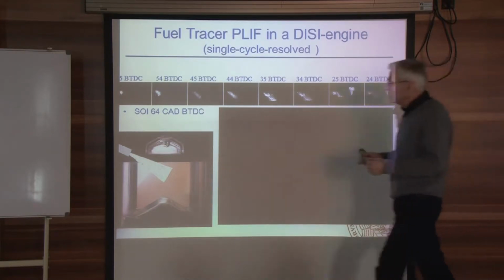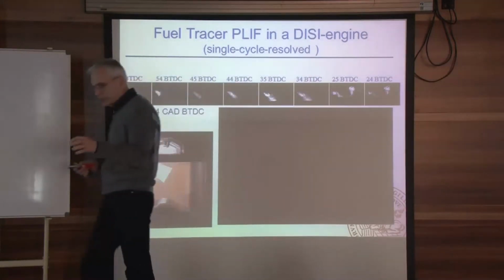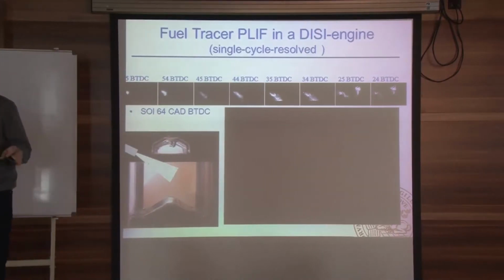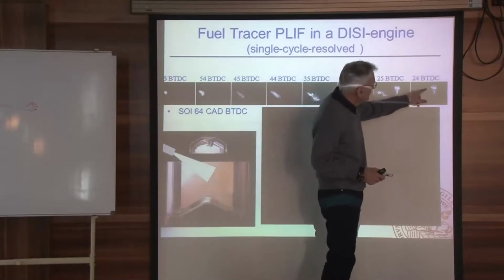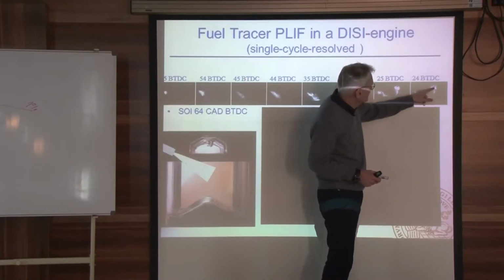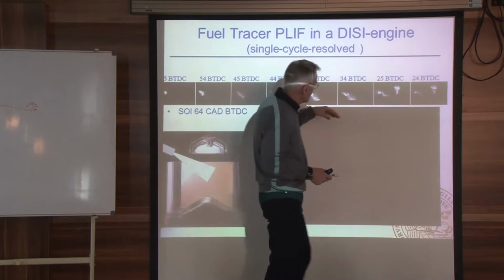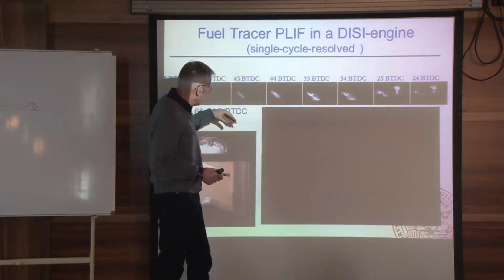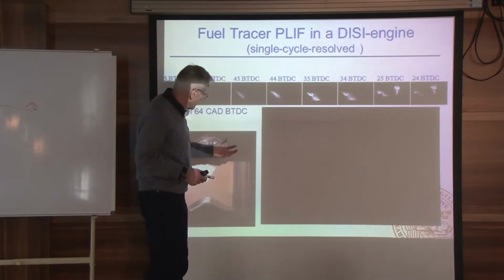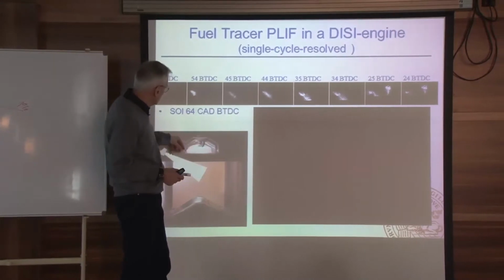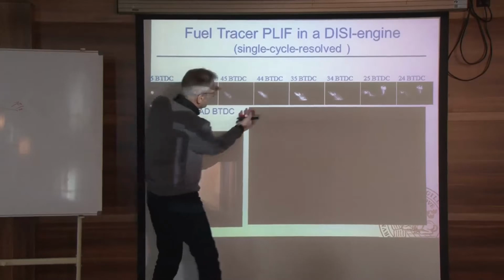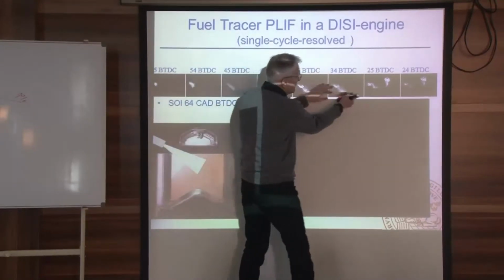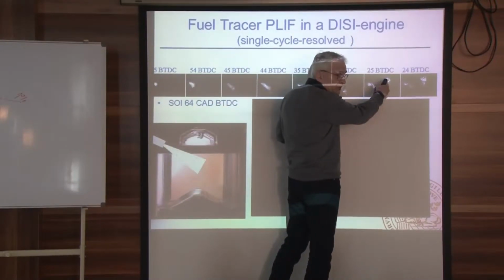So the aim is, how should the injection of fuel be made in such a way that we get an optimum air-fuel ratio close to the spark plug. So it's guided through the piston, so that the fuel comes in, hits the piston, and is directed up to where you have the spark plug.